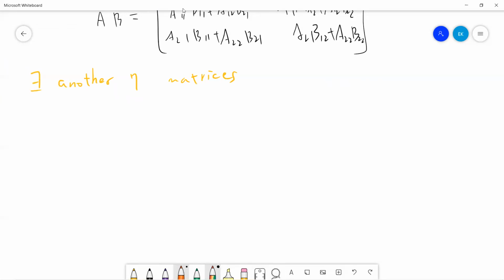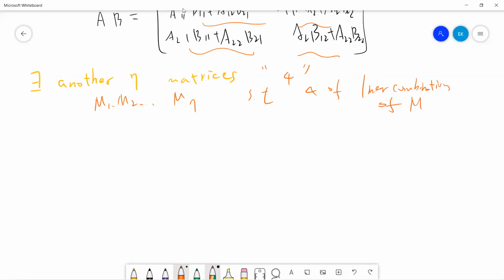What I want to say is that these 4 matrices can be composed from 7 matrices, M1 up to M7, such that these 4 matrices are linear combinations of these 7. Very weird.